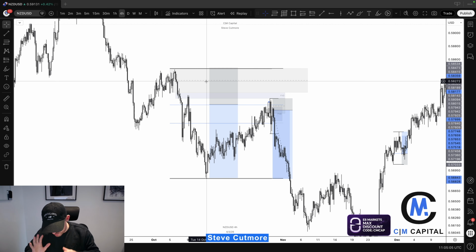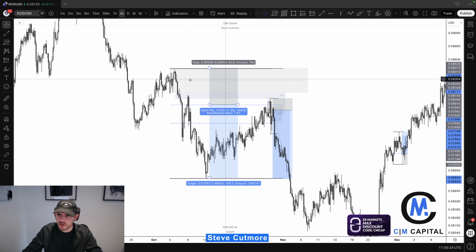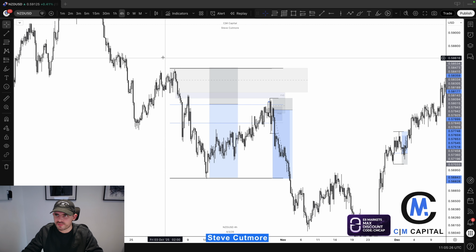So like I have in my notes here, the entry models, our continuation entry model, we've got our reversal entry model, which also can be used as a continuation entry model if you notice the liquidity sweep. Our ranges, i.e. our higher time frames, linking them with our lower time frames, and this is the perfect scenario. Our daily range is bearish, our weekly range is bearish.